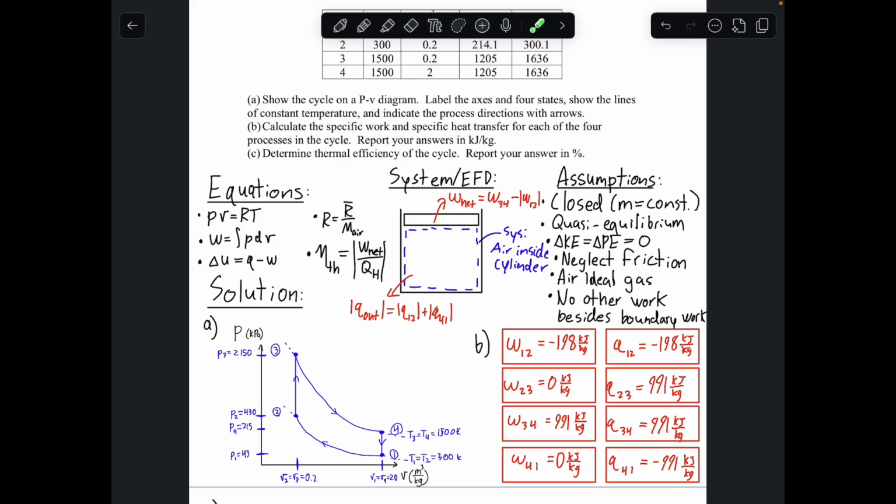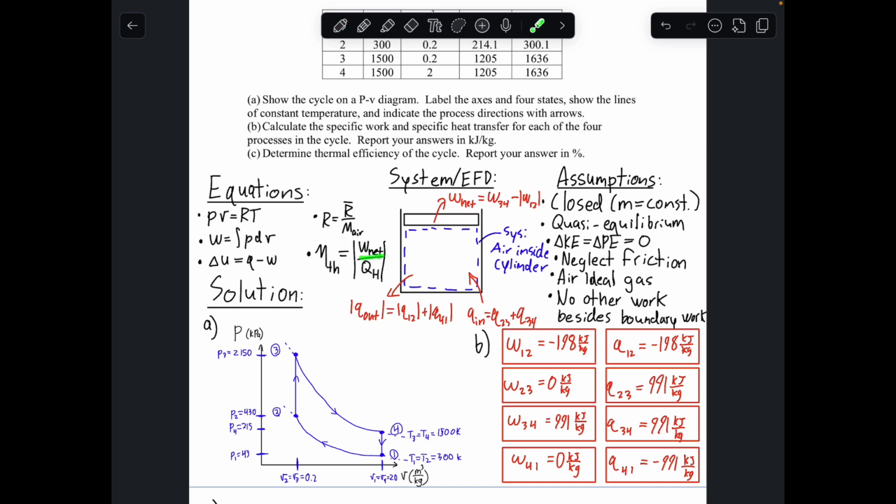But then at the other processes from 2 to 3 and from 3 to 4, we have positive values of heat transfer going into the system, so we can write that our Q in, and all of these are going to be positive, should be Q from 2 to 3 plus Q from 3 to 4.